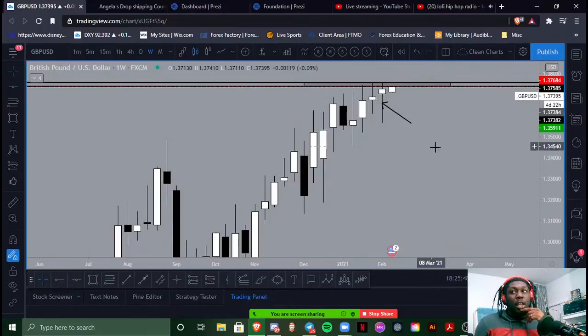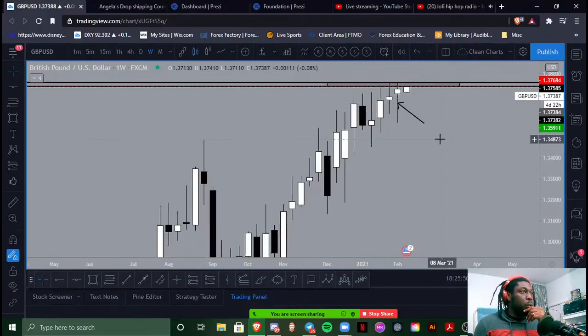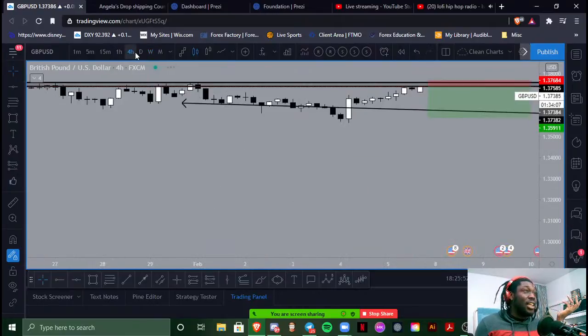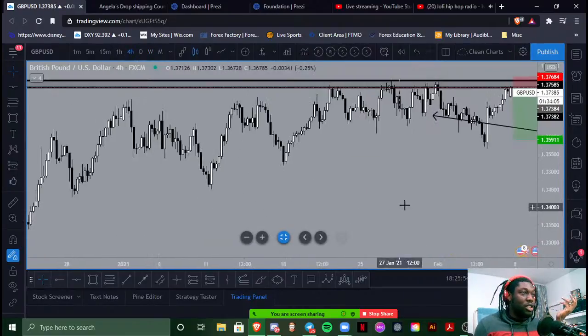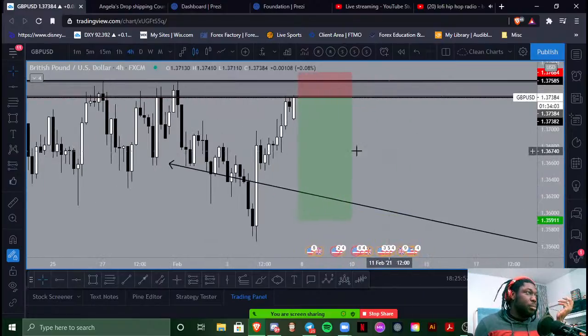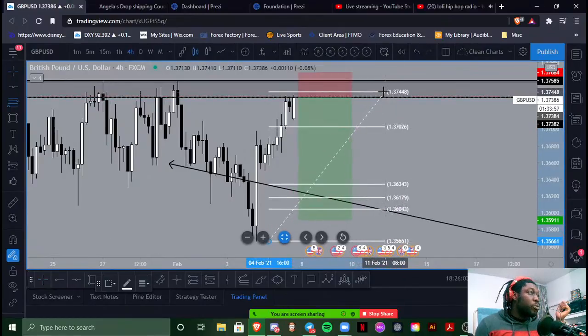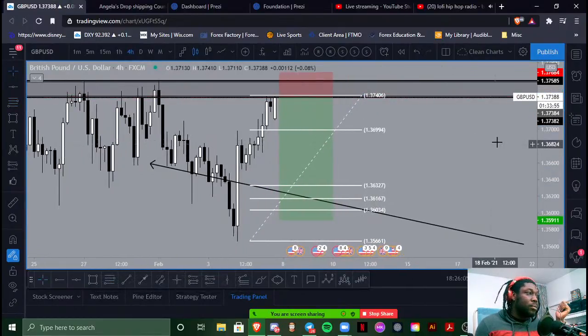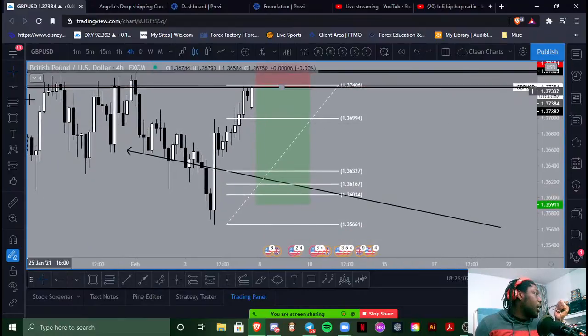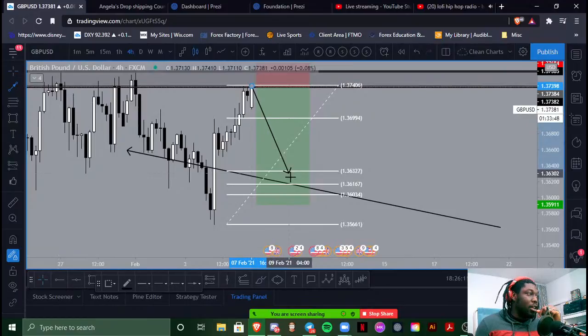All right, so that's that with GU. I don't have anything else I can say about it, because on the lower time frames, it just looks like a bullish move. And let's just say that price does end up dropping, if you pay attention to this fib, then where I could possibly see it coming back down to before taking off is possibly 1.36327.